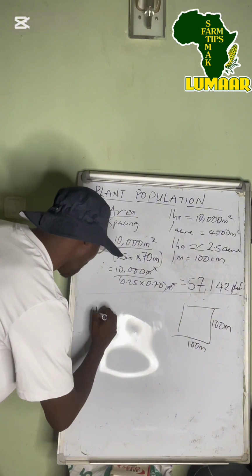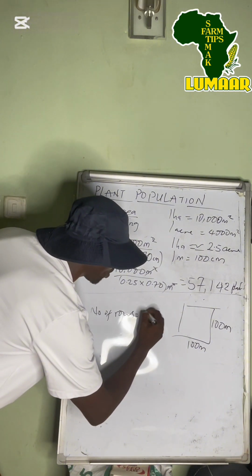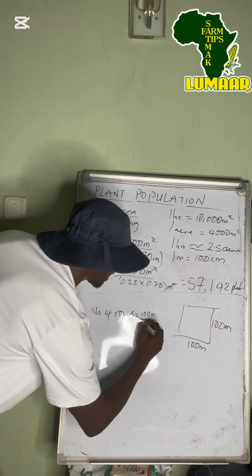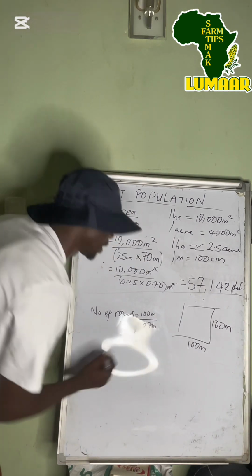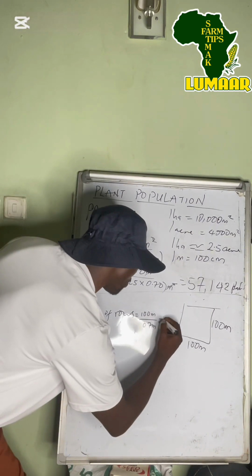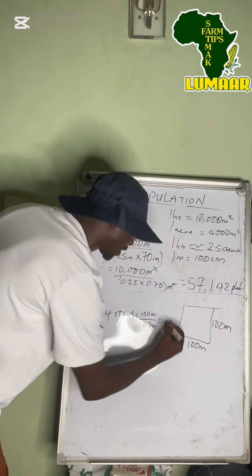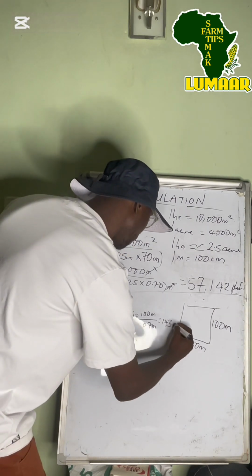Then number of rows will be equal to 100 meters divided by 0.7 meters. I've converted the 70 centimeter to meters. At the end of it, I will have 142 point something, which is approximately 143 rows.